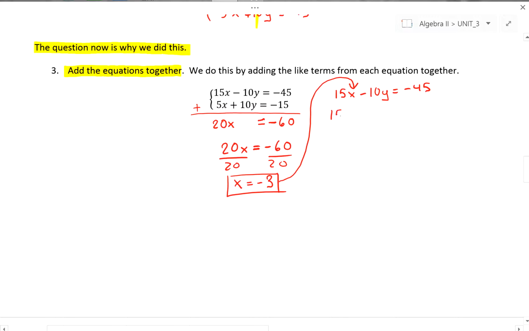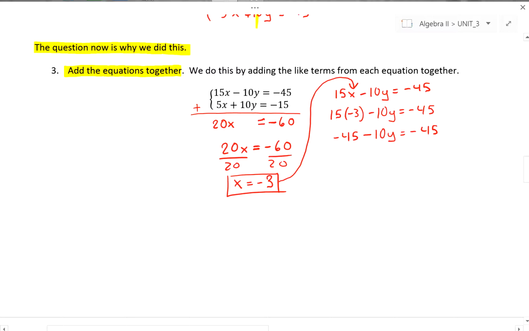So we end up with 15 times negative 3 minus 10y is equal to negative 45. So that is negative 45, that's the 15 times negative 3, minus 10y is equal to negative 45.